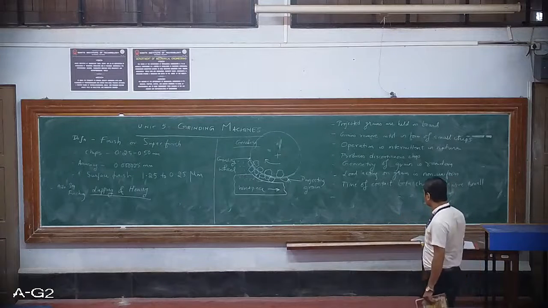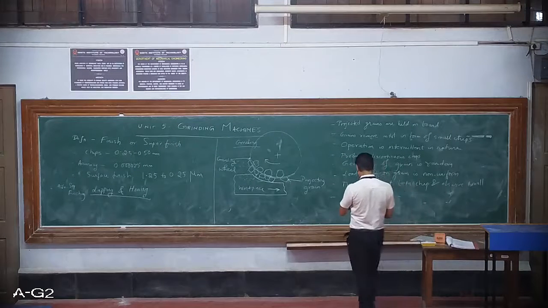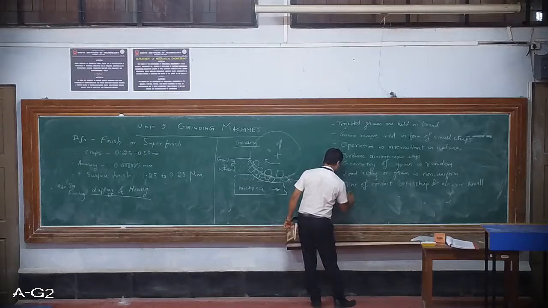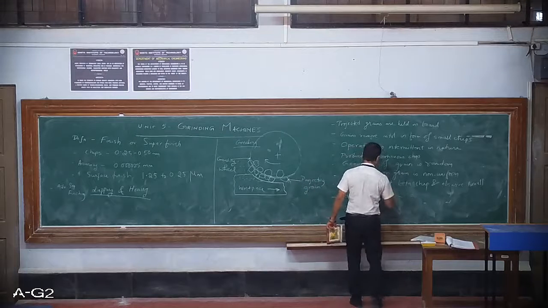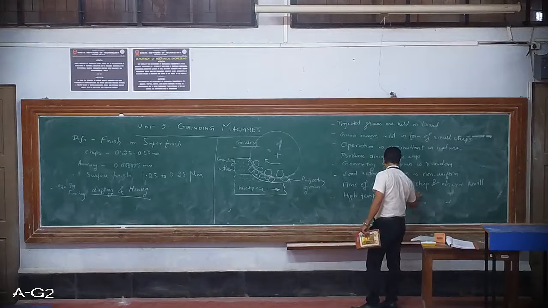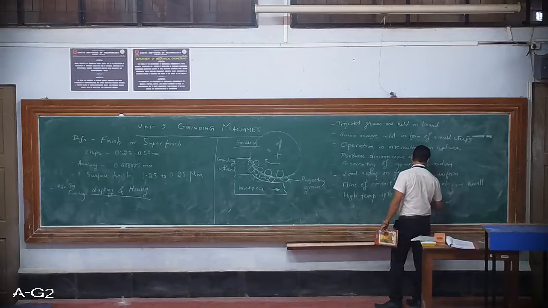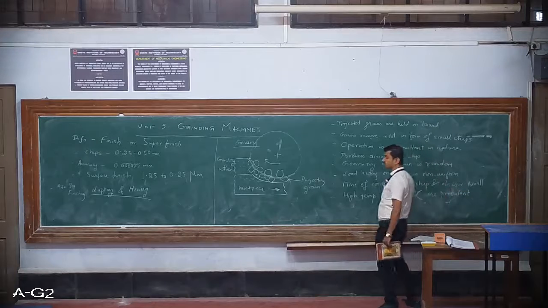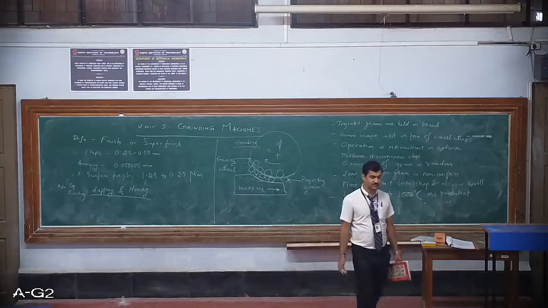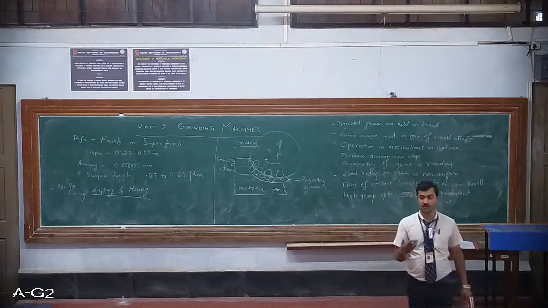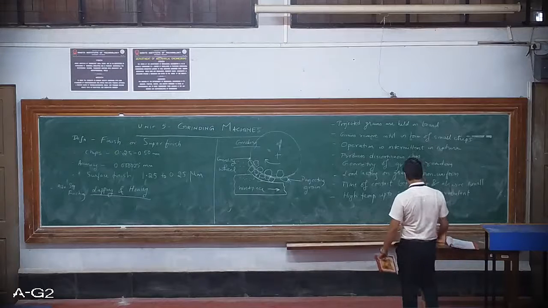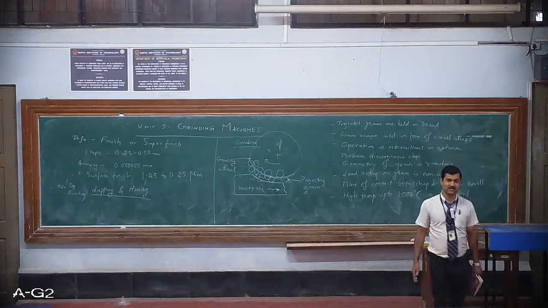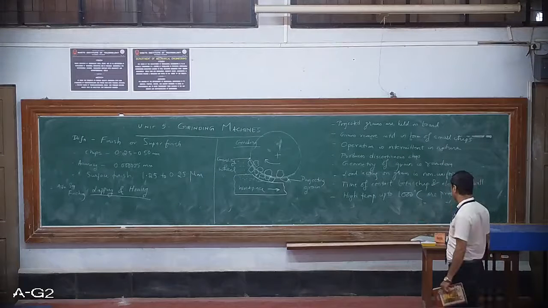Hence, we can note down that point: the temperatures that are generated are high, up to 1000 degrees Celsius. Of course, this again depends on the material, ductile or brittle, hard or soft, and so on. But generally, the temperature is as high as 1000 degree centigrade, right?